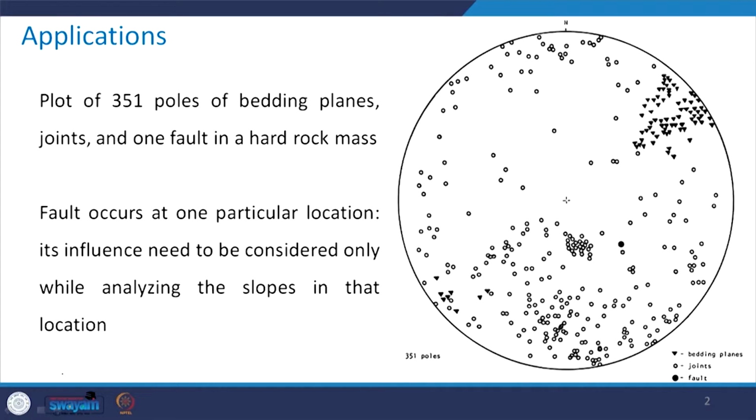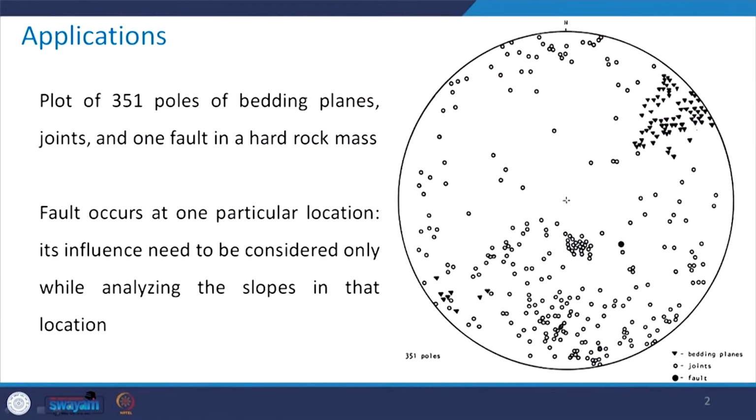In the previous classes I mentioned to you that a plane can be represented in this graphical form with the help of either a great circle or a pole. So, you see that in this figure bedding planes and joints, which are all planes, have been plotted with the help of poles.